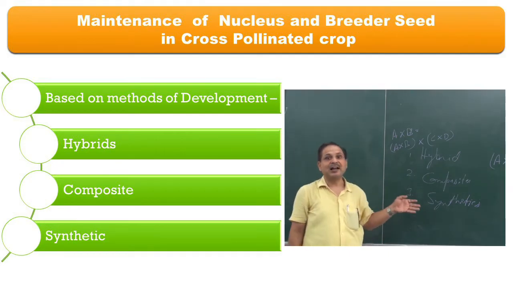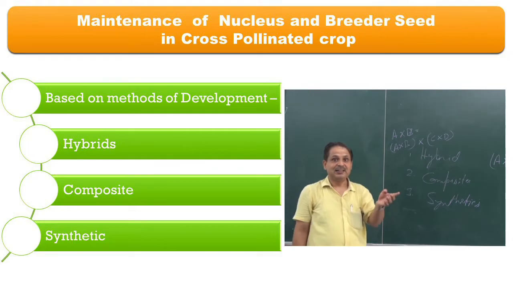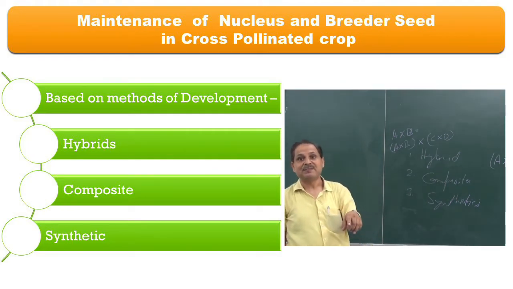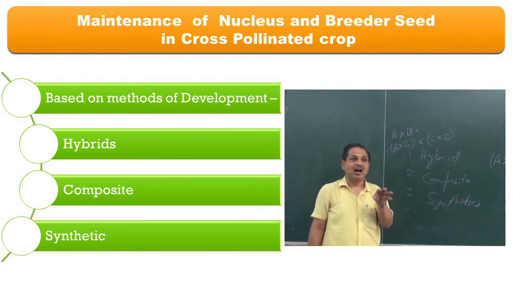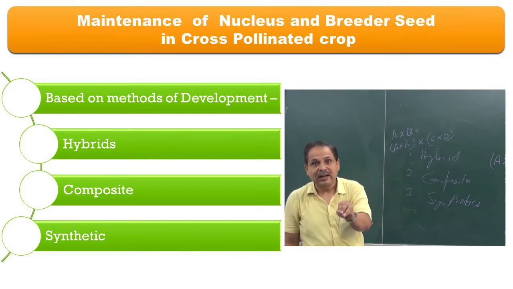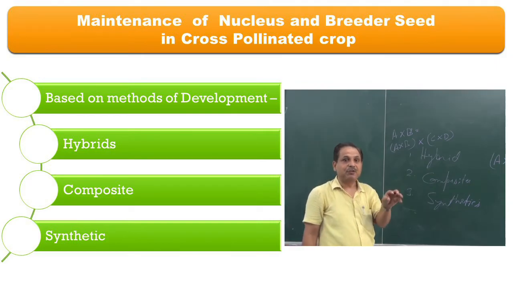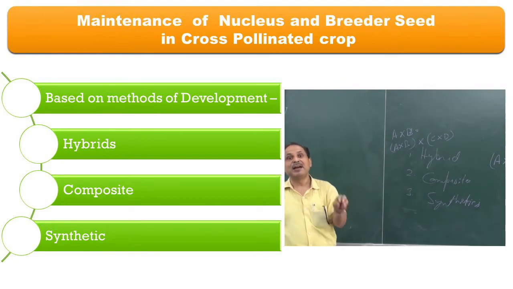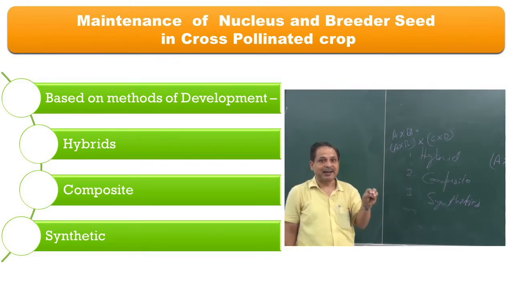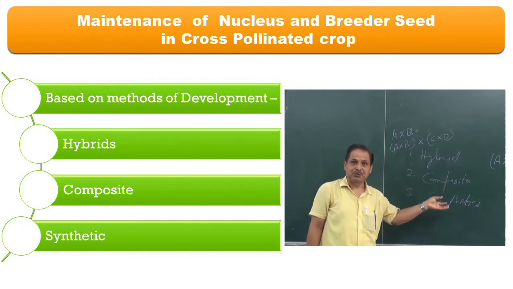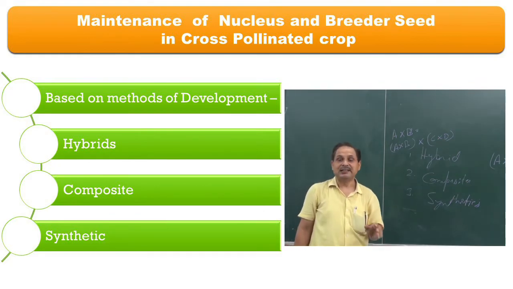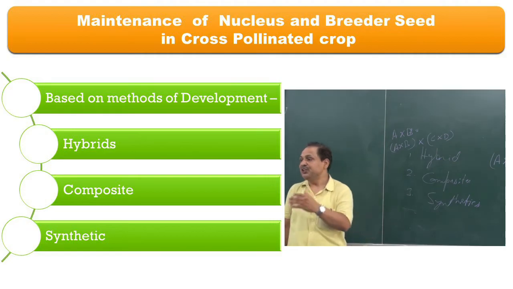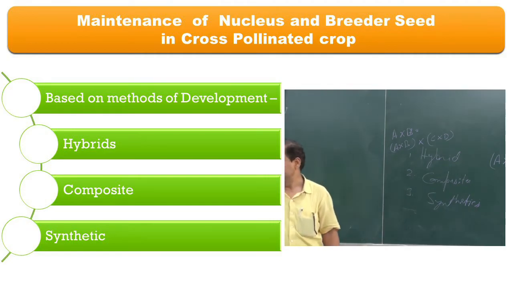But synthetics can be resynthesized, because the parental material used in synthetic varieties is assessed for combining ability, the nicking ability of parents to combine good characters and transmit them to their progeny. So combining ability includes GCA, general combining ability, and SCA, specific combining ability. Based on these methods, the maintenance of nucleus and breeder seed would vary.